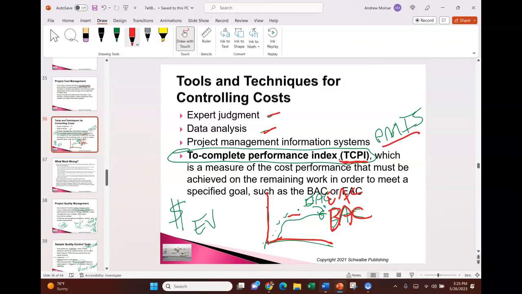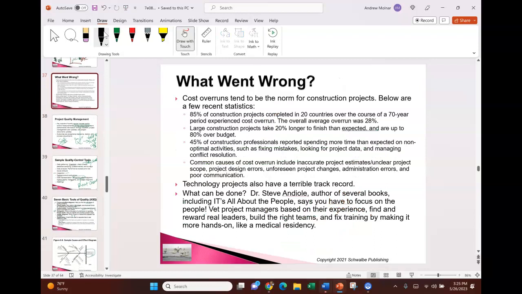And so TCPI is meant to be a way to get back to budget at completion. How do I get back there? TCPI says basically, for the money I have left, how can I complete the work that's left? That's what TCPI is solving for you. I love the what went wrong, but they're covered in the book, so I'll leave it at that.